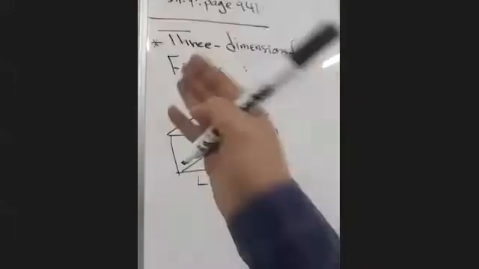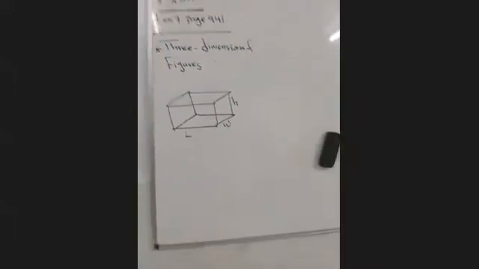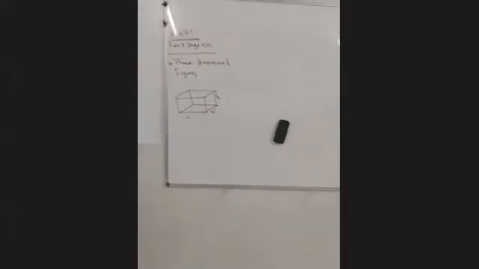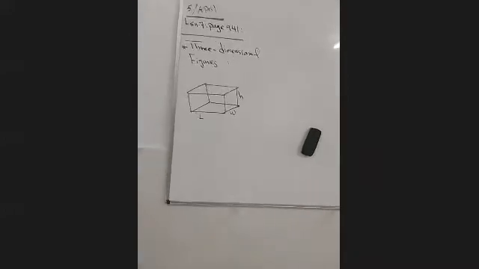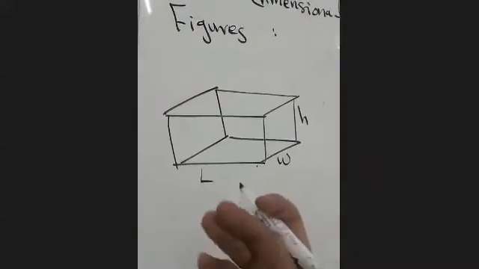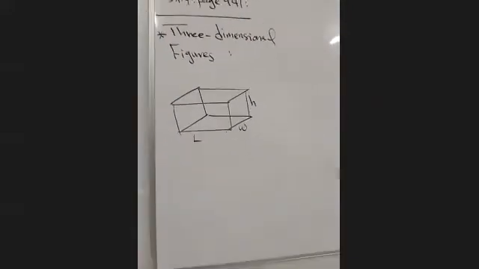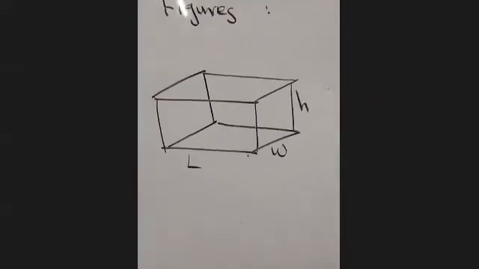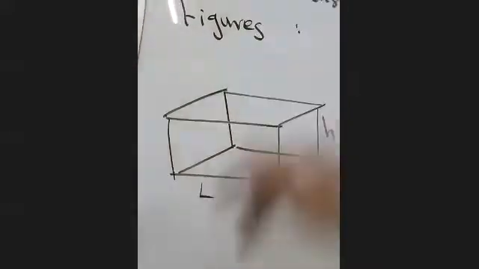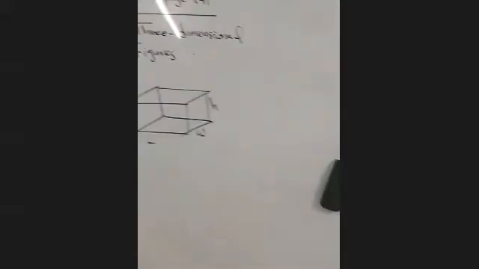That's why we call it a three-dimensional figure. In other words, it is a figure that we can put things inside, like the bottle of water. We can put water inside this bottle, so we call it a three-dimensional figure.